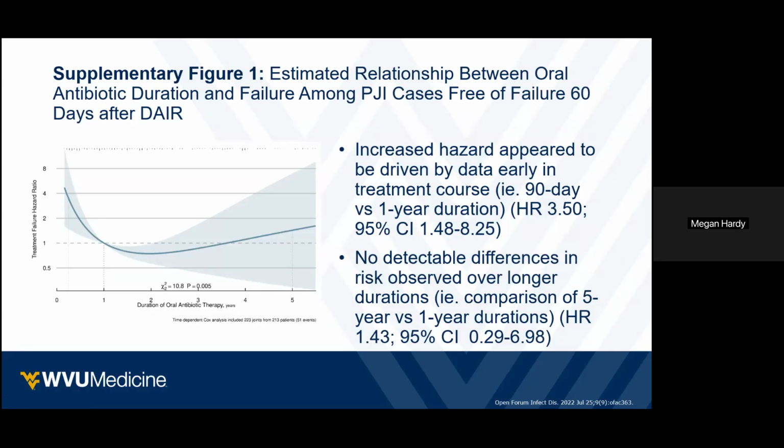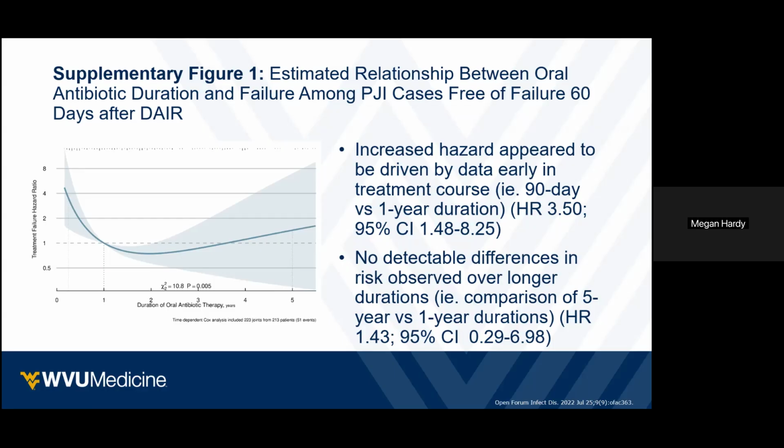So estimated relationship between oral antibiotic duration and failure among PJI cases free of failure 60 days after DARE. So this just shows that there was this initial increased hazard ratio, which makes sense because it's very early in the first year. So increased hazard ratio appeared to be driven by data early in treatment course. So really the first 90 days versus after that 1-year mark.